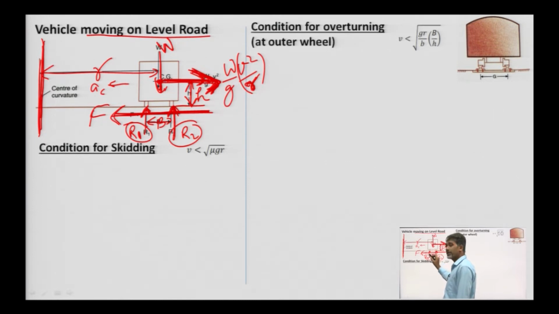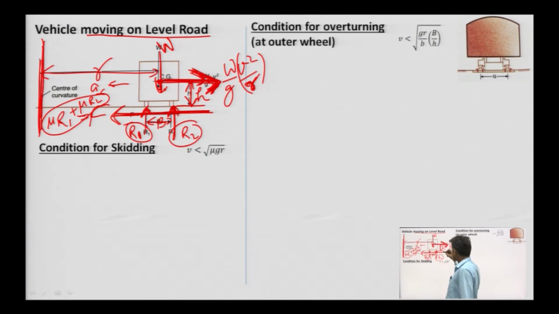It will be mu into R1. So F is equal to mu into R1 plus mu into R2, where mu is the coefficient of static friction between the tire and the road. So this value is mu into (R1 plus R2), which is the force developed by friction.